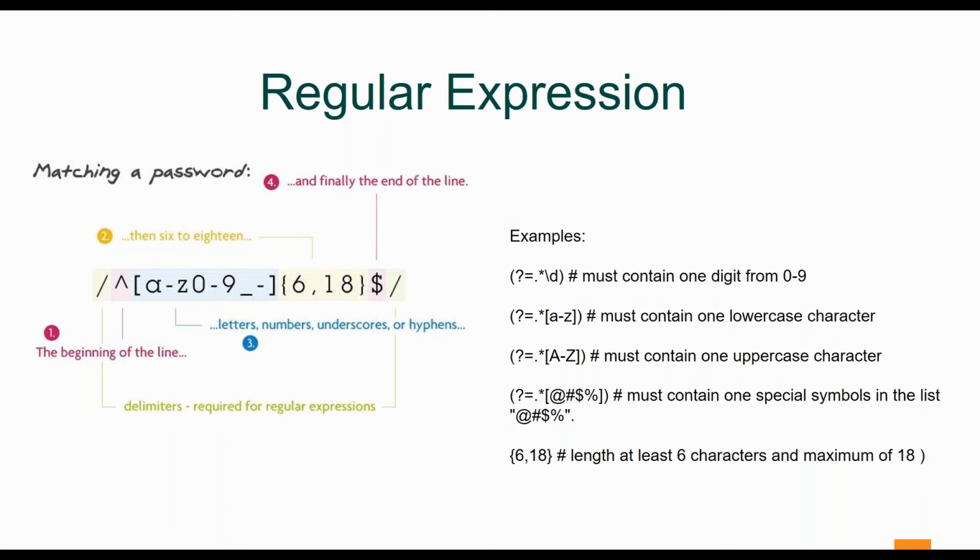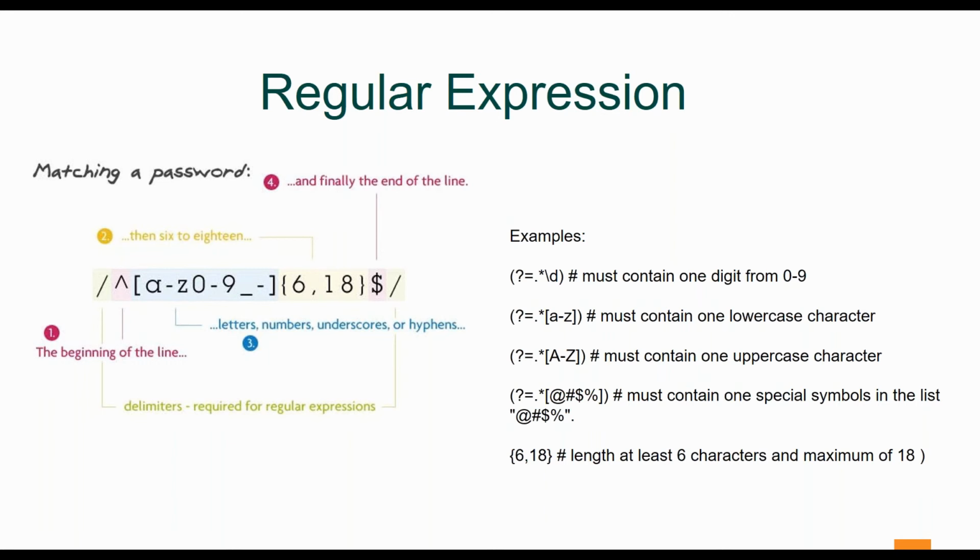As you'll see here, the top expression allows you to set it up so that it must contain 1 digit from 0 to 9. The second expression sets it up so that it must contain 1 lowercase character. The third shows that it must contain 1 uppercase character.